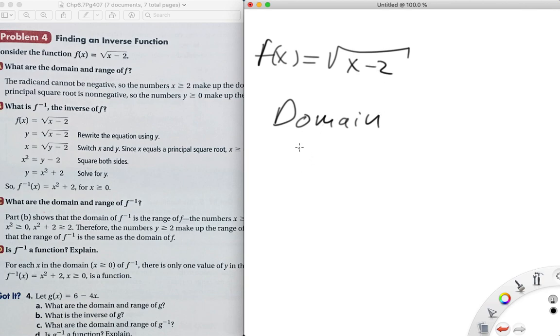So here we're just using positive roots. So in terms of the domain, x has to be greater than or equal to 2. When we think about the range, since I can't have any negative numbers after I take the square root, the range has to be greater than or equal to 0.